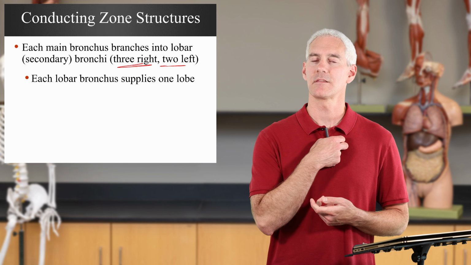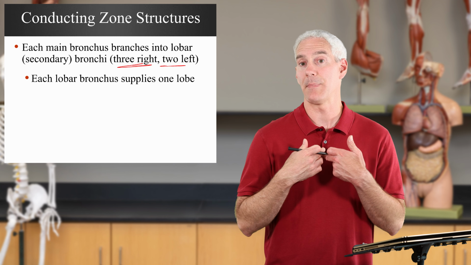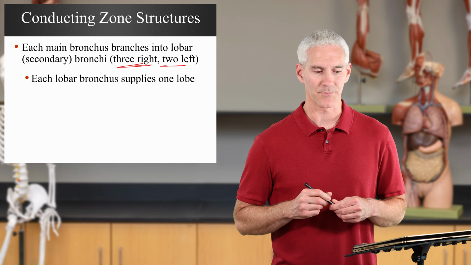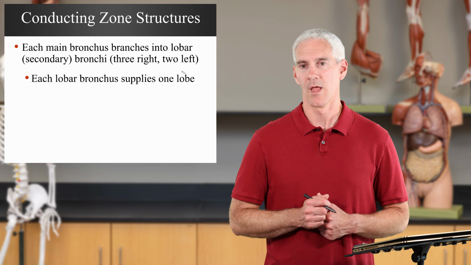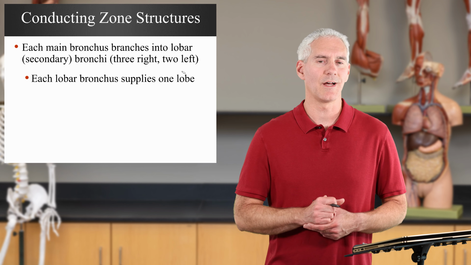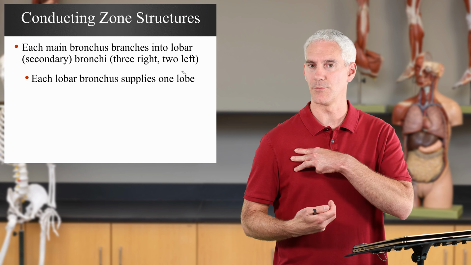On the left, the primary goes down to 2 secondary, or you can say the mains go down to lobars. Either way is fine, just 2 different names, same exact thing. They're called lobar because of the number of lobes: 2 lobes on the left, 3 lobes on the right.